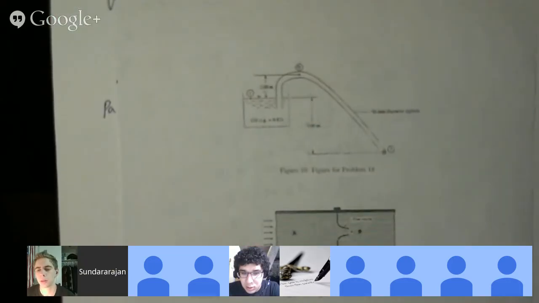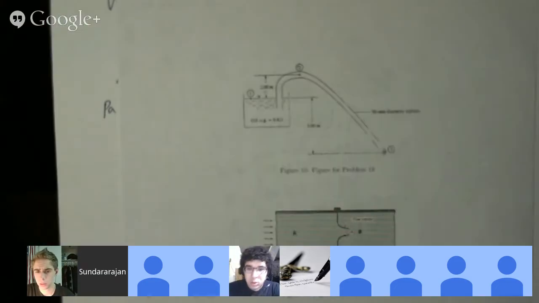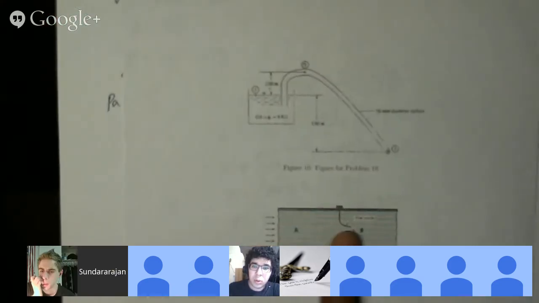Whatever's flowing here has to flow out through that. You have to use the diameter, the area of that, and then you get the velocity there. What's the relationship between these two velocities?